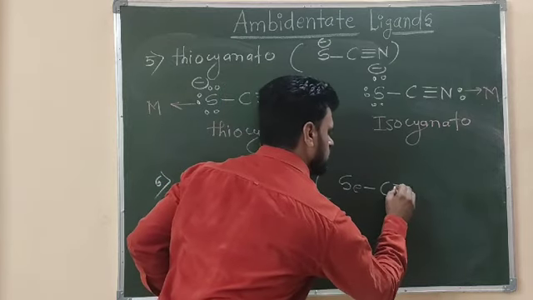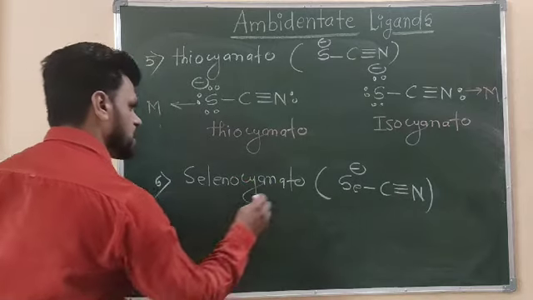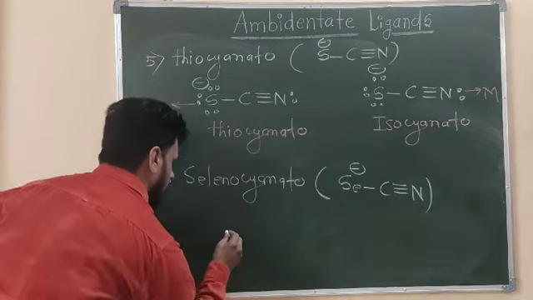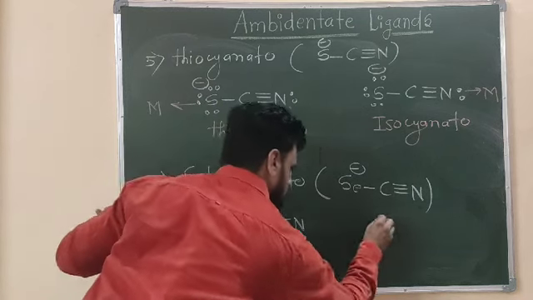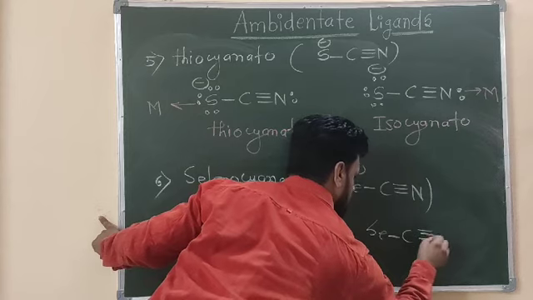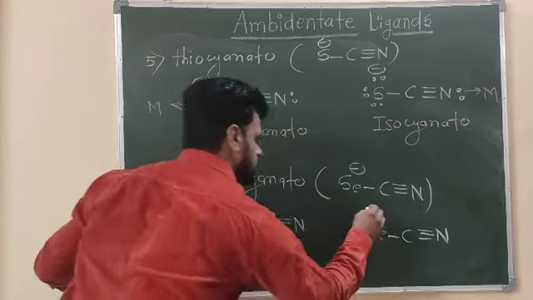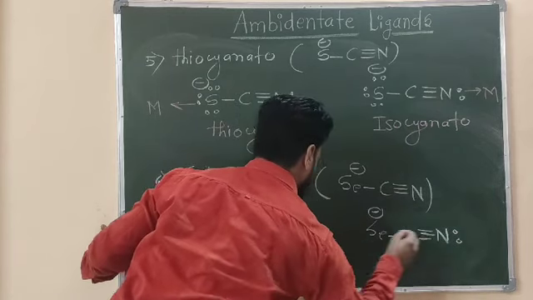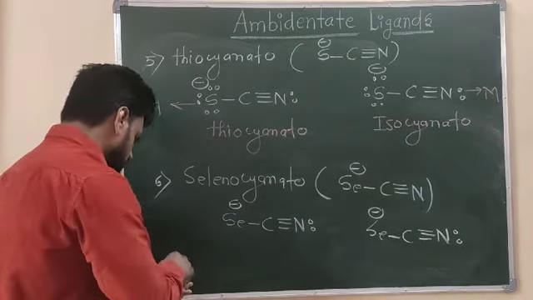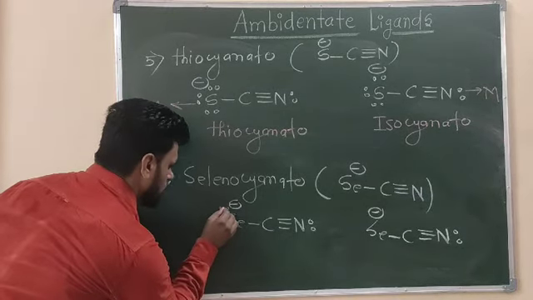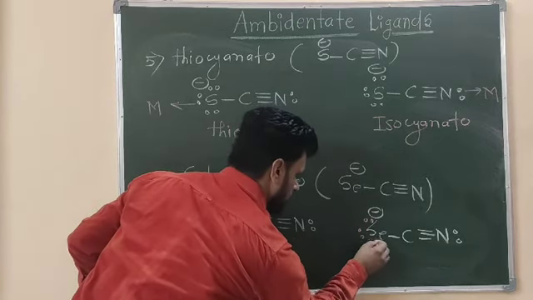Now it becomes a new class of ligand in which selenium carries a negative charge. Selenium and nitrogen are the donor atoms. So write the structure here. Same thing, selenium C triple bond N we have. Now selenium carries a negative charge, an electron lone pair we have, lone pair. Since it has a negative charge, selenium will have a 3 electron lone pair, 1, 2, 3, and 1, 2, and 3.